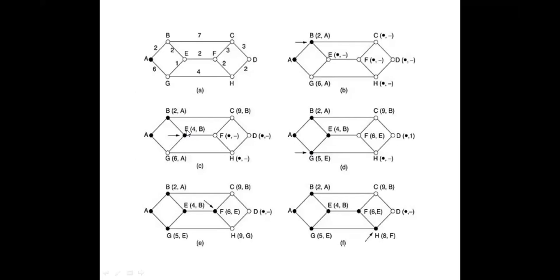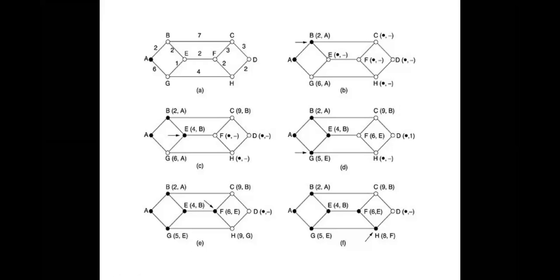For example, A to B and A to G: which one is the shortest in order to move forward? A to B. What is the length? 2. And what is the source node? A. So 2 comma A: 2 is the distance and A is the source node. Like that, I want to transmit information from A to D. What is the shortest path, and in which direction do I want to move?